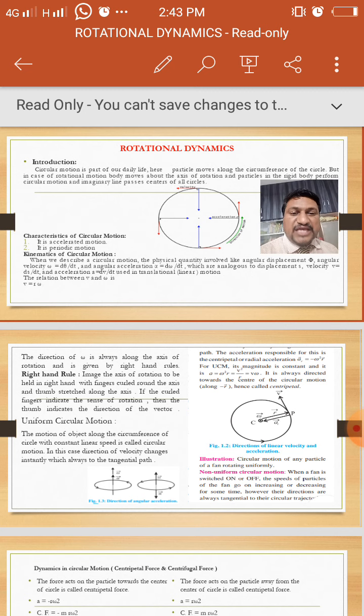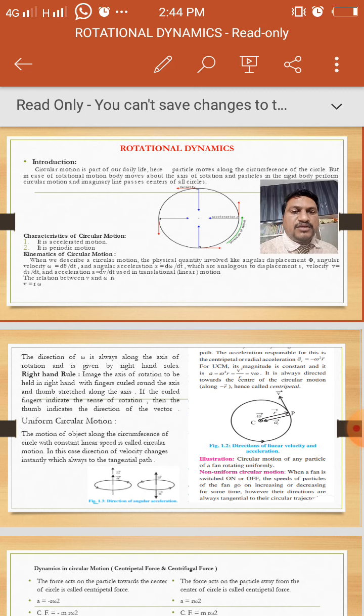That means v is analogous to omega, where v is the rate of change of linear displacement with respect to time, and omega is the rate of change of angular displacement with respect to time. That means v is equal to dx upon dt, and omega is equal to d theta upon dt.